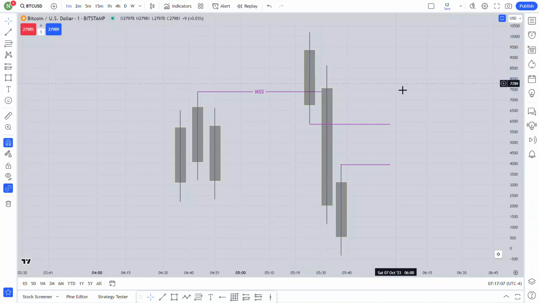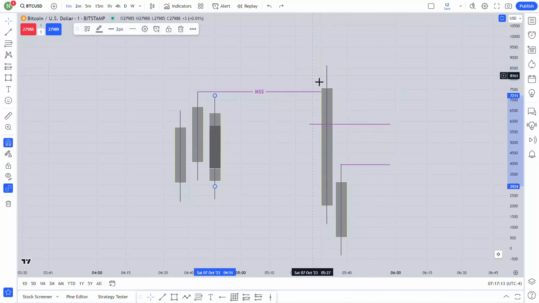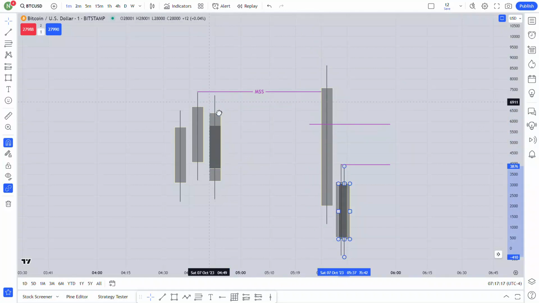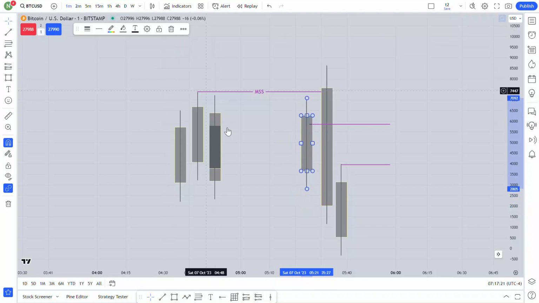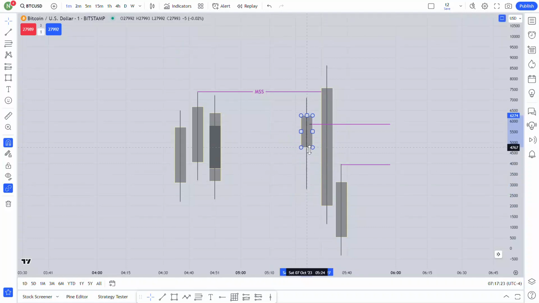Is it okay? No, it's not okay. This one has a very little swing high, I will mark it this way, it will be easier for you now.